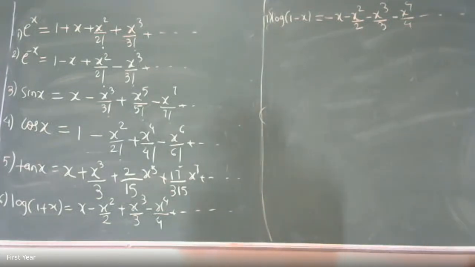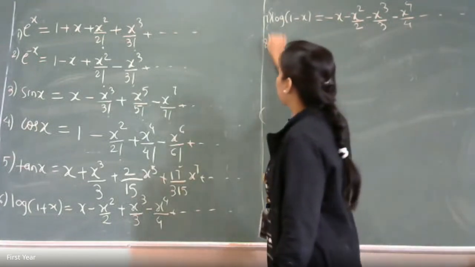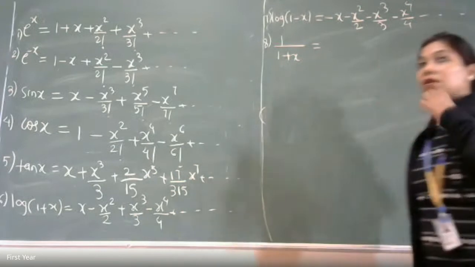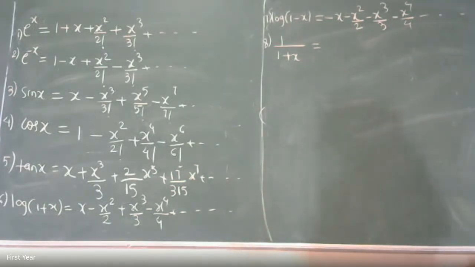Then the eighth one is 1 over 1 plus x. Who will tell me what will be the answer? The way that you can get the answer is written on the board only. The expansions which I have already written, you can get the answer from there.